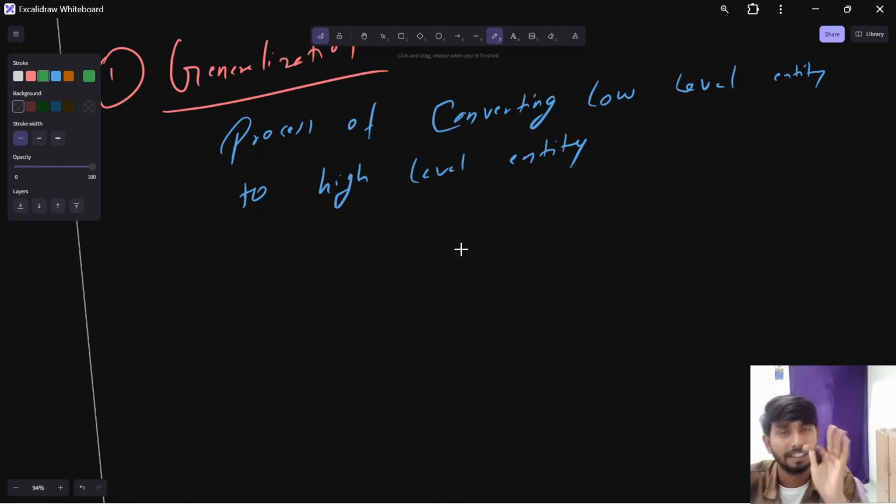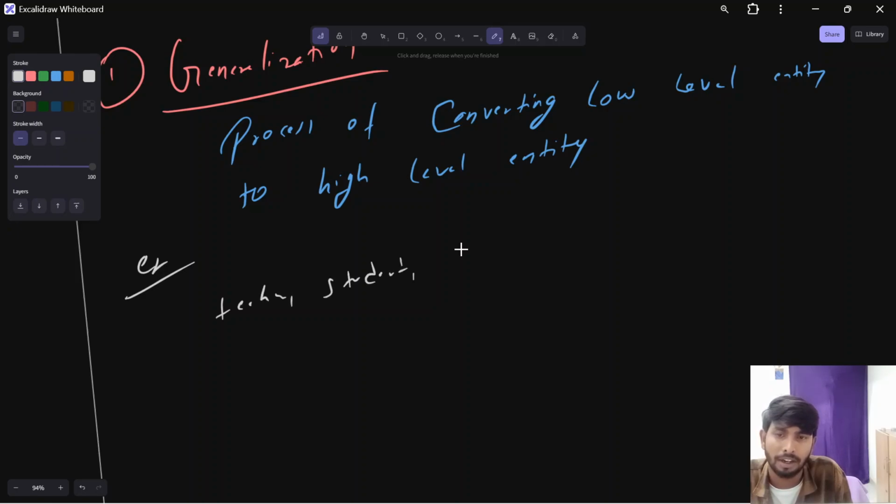Suppose we have three entities, which means three tables: teacher, student, and employee or staff. All three have the same attributes like name, age, contact, and address.